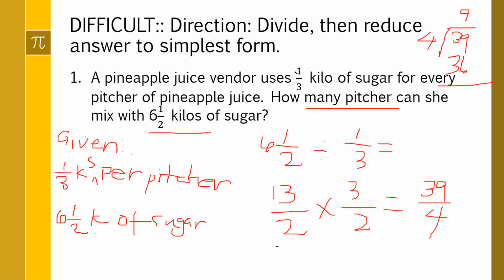Because 4, 8, 12, 16, 20, 24, basta 36. So we have 3 left, so we got 39 over 4 or 9 and 3/4. Okay.